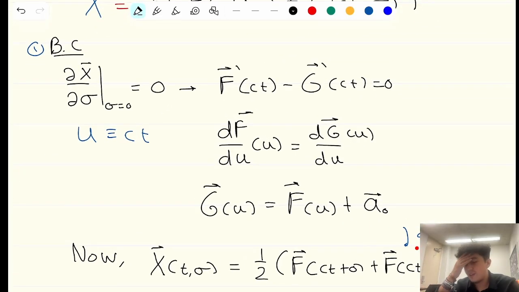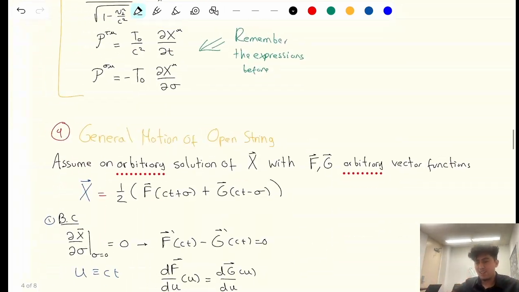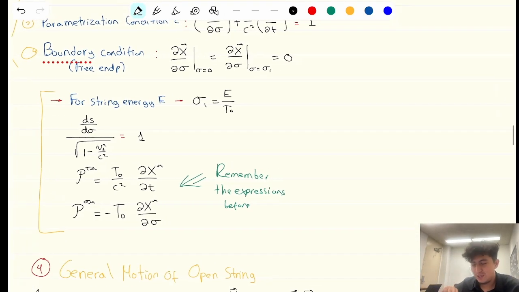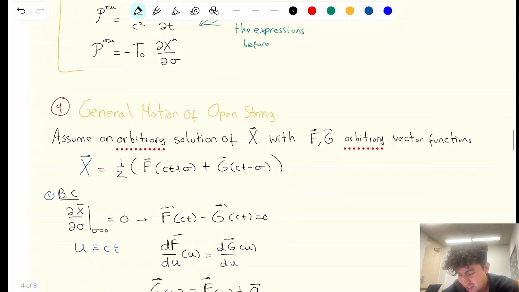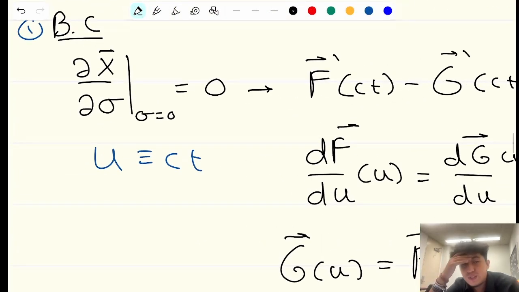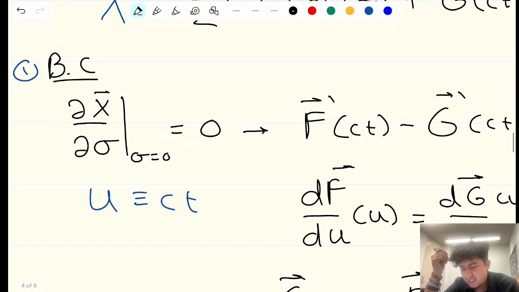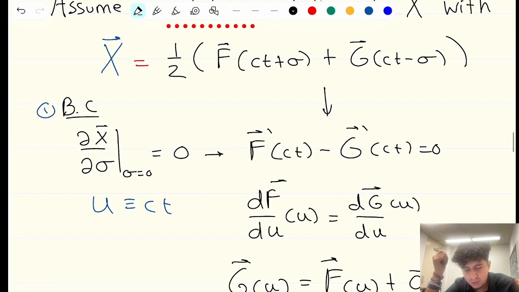Cool. Okay, so for the boundary conditions, what I'm going to do is take these ansatz, apply every single equation here, and derive some equation that tells me the restriction for my functions f and g. The first boundary condition for this open string is that this thing has to vanish at the endpoint. If you take a partial derivative, you get this.